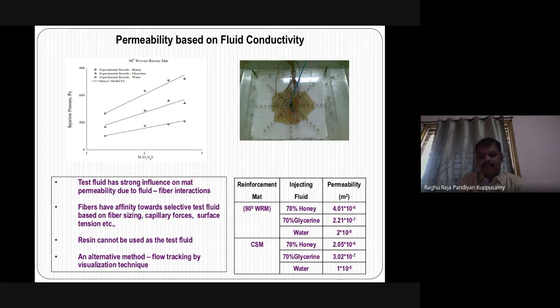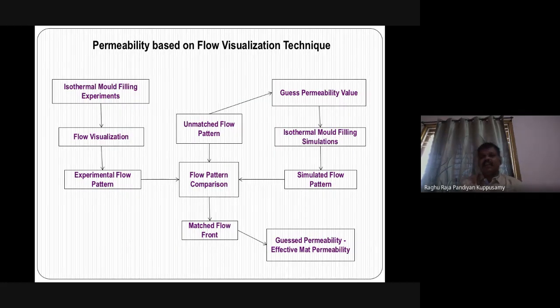And we have adopted another flow tracking method using a visualization technique. In this technique, we have used simulation as well as the experimental method in parallel to find out the effective permeability for the resin injection itself.